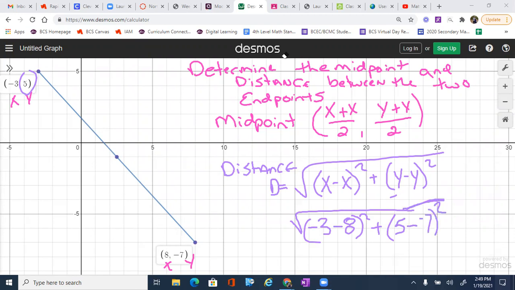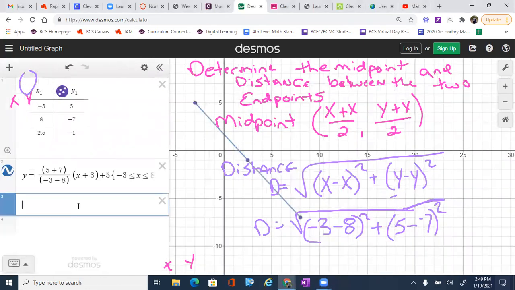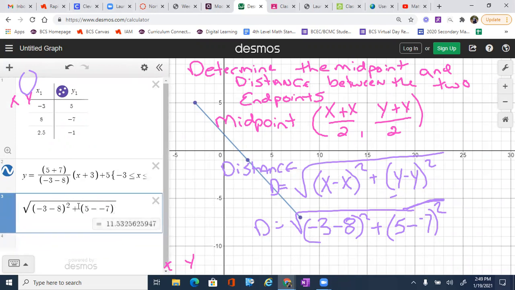Once we have this, I am just going to plug it into Desmos. I'm not even going to bother doing it by hand right now. So I'm going to come over here to Desmos and type it in. The square root of -3 minus 8, squared, plus 5 minus -7, squared, and that will give me a value of 16.27.